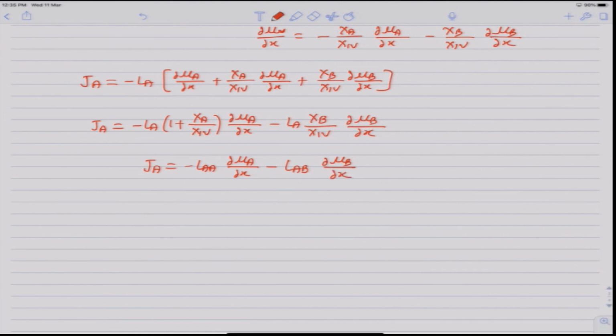So the diffusion flux of A will be guided by chemical potential gradients of both A as well as B. The relation with the chemical potential gradient of A would be expressed through this main kinetic coefficient Laa, and the contribution from the chemical potential gradient of B will be expressed through this cross kinetic coefficient Lab.